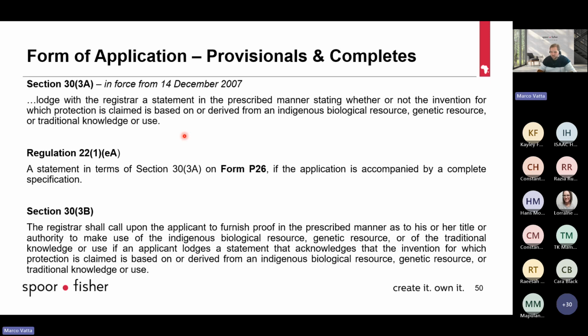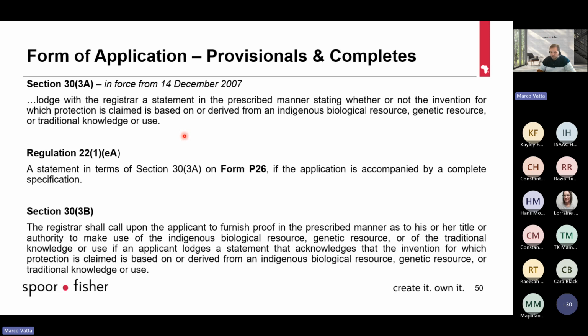Then if we look at Section 30, subsection 3B, again relating to this declaration of indigenous biological resources, genetic resources, or traditional knowledge or use, if a positive declaration is made, then these provisions come into play: the registrar shall call upon the applicant to furnish proof as to his or her title or authority to make use of the indigenous biological resource, genetic resource, or the traditional knowledge or use, if an applicant lodges a statement that acknowledges that the invention for which protection is claimed is based on or derived from an indigenous biological resource.